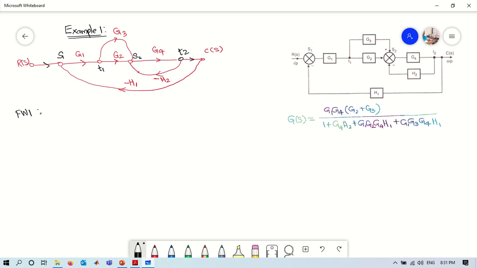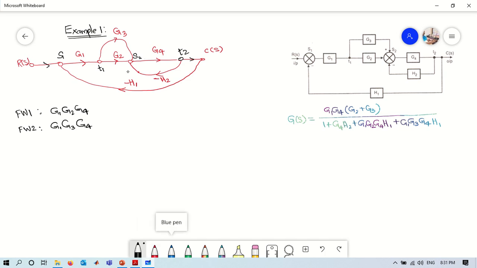So I can have the first forward path comprising of G1, G2, G4 as the forward path gain, and next I can have the second forward path comprising of G1, G3 and G4. Okay, and further there is no more forward path available. I have feedback paths only.